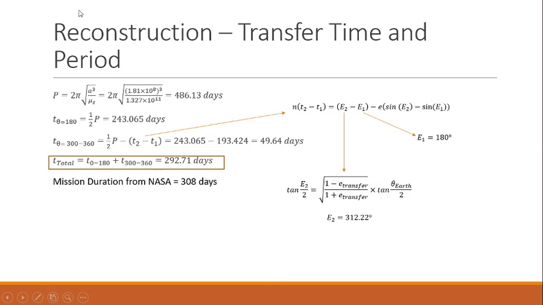And for the reconstruction of transfer time, we first need to find the period of the transfer orbit, the full transfer orbit, not just the mission trajectory.